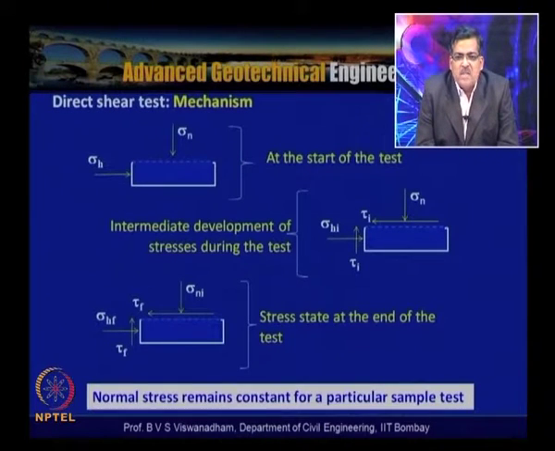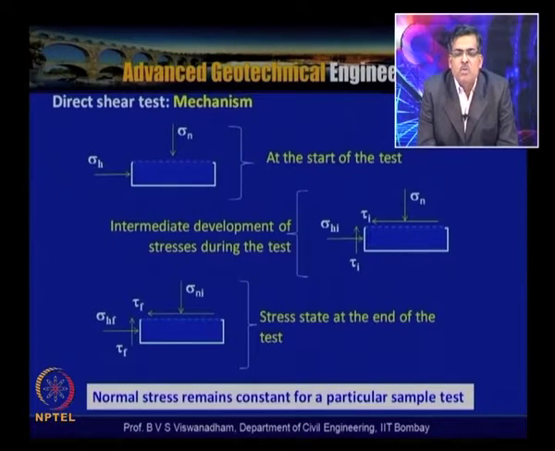So here the mechanism is that at the start of the test you have sigma n and sigma h. The major principal plane is here and the minor principal plane is perpendicular to this. Before the commencement of the test, on the failure plane, the major and minor principal planes do exist.